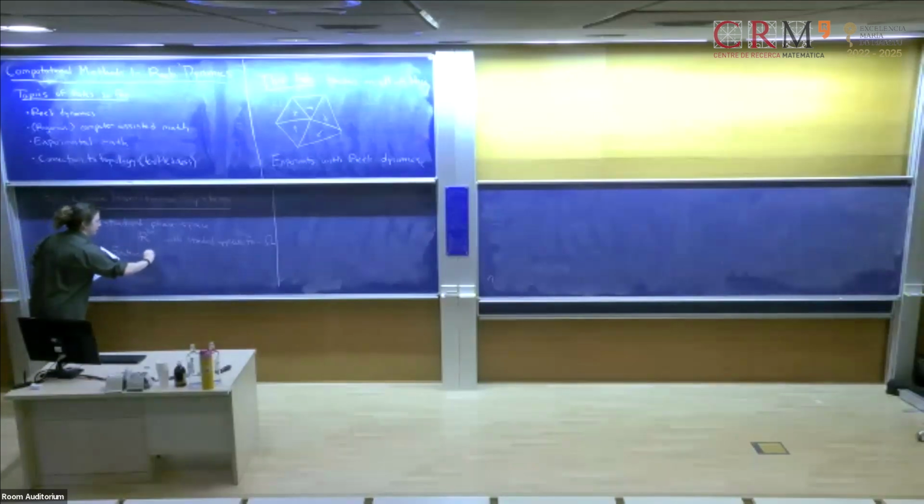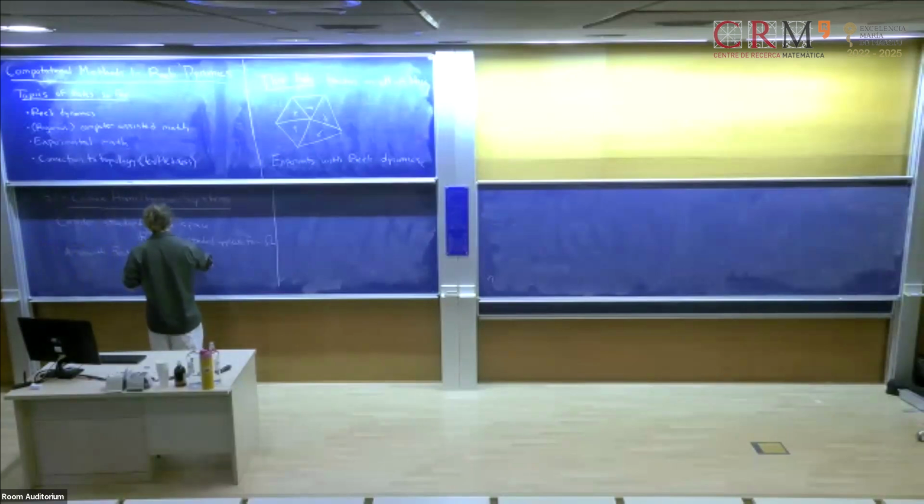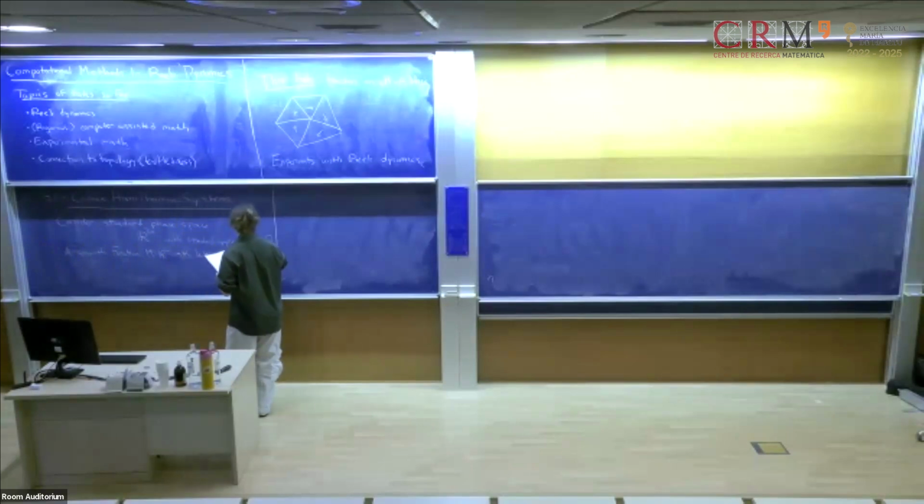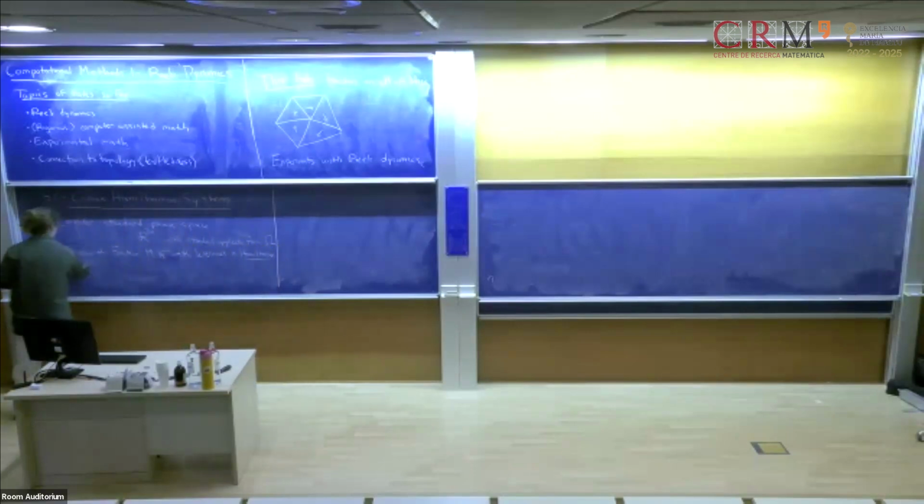This is H from R2n to R, which determines a Hamiltonian vector field. I'll denote that by XH.